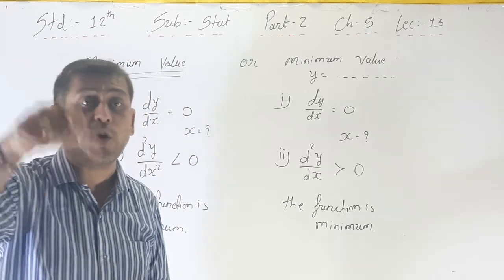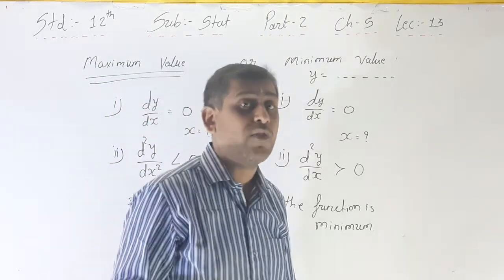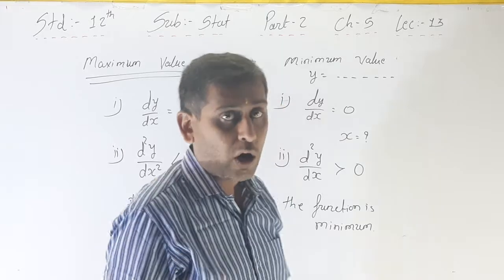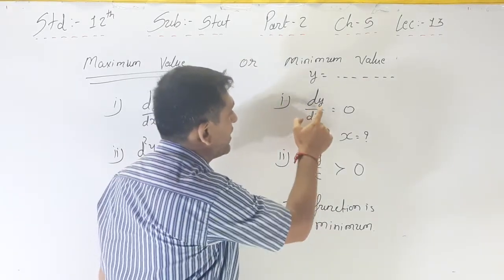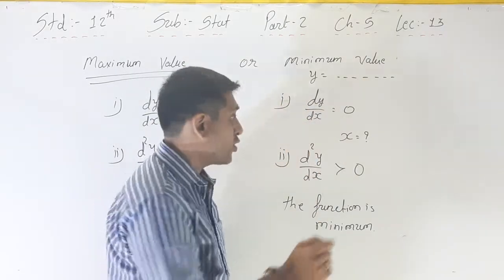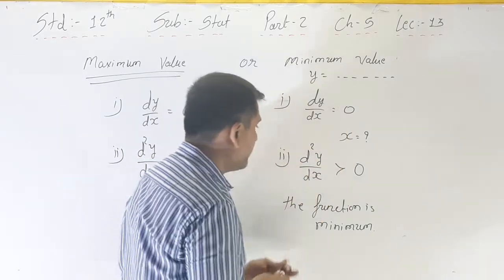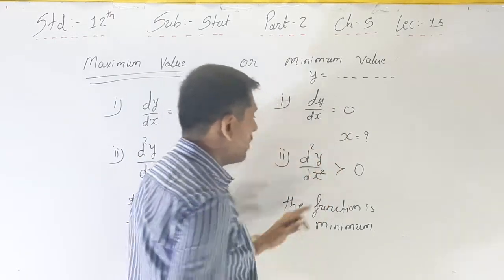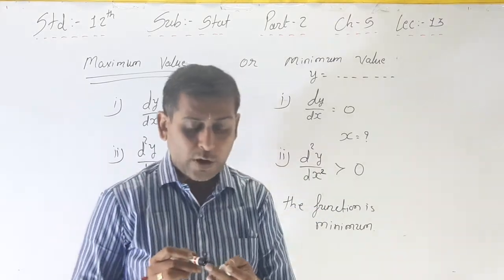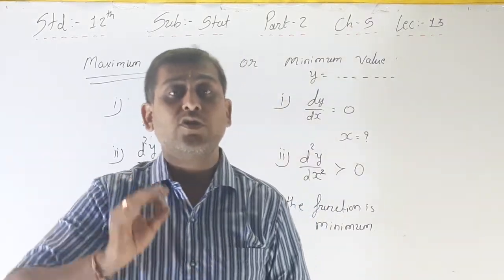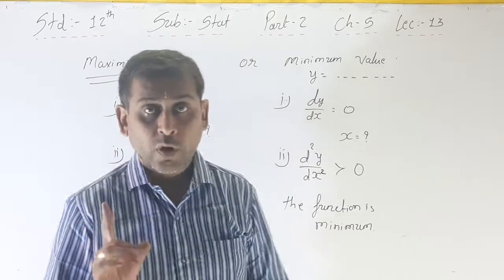But whenever the cost function is given and we have to find the minimum cost, then first dc by dx, the first differentiation, is equal to 0, and d square c by dx square greater than 0. At that point of x, the cost function is minimum, right?